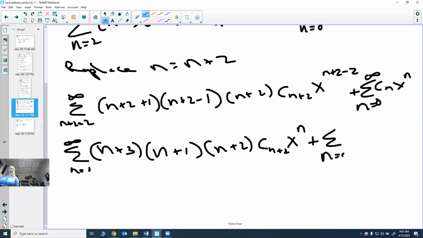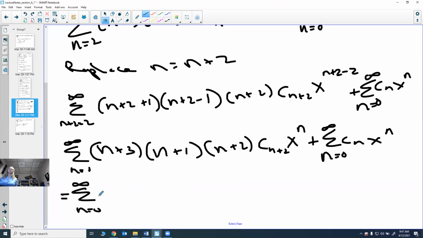And then the summation n equals 0 to infinity of cn x to the n. Well, now I notice they both start at the same place. I also happen to notice they both have an x to the n in them. And that actually was the more important thing, that I want them both to have the same x. If they don't start at the same place, we could deal with that, but I wanted them both to be x to the n.